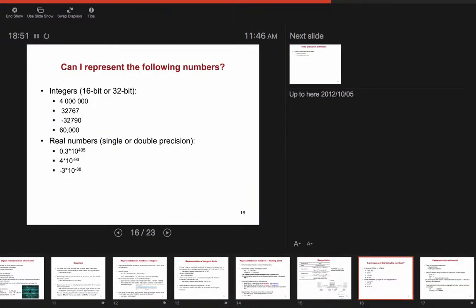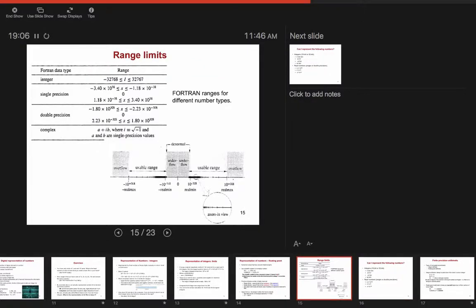So let's see. Can I represent 4 million as a 16-bit integer? The limit is about 65,000 something, okay? As a 32-bit integer, let's see what the limit is. I don't have it here, so can somebody quickly try to compute 2 to the 32 minus 1?